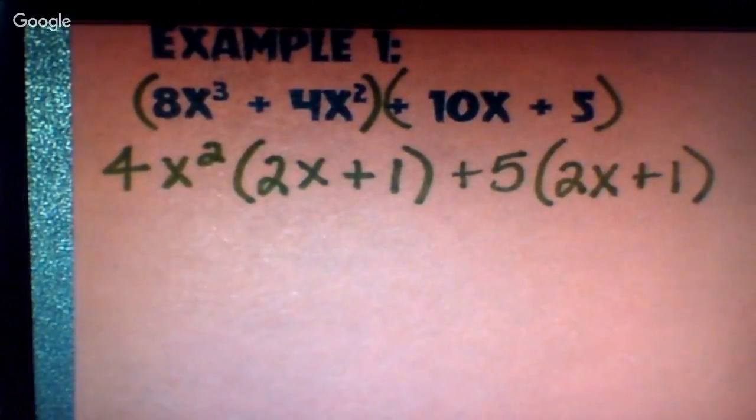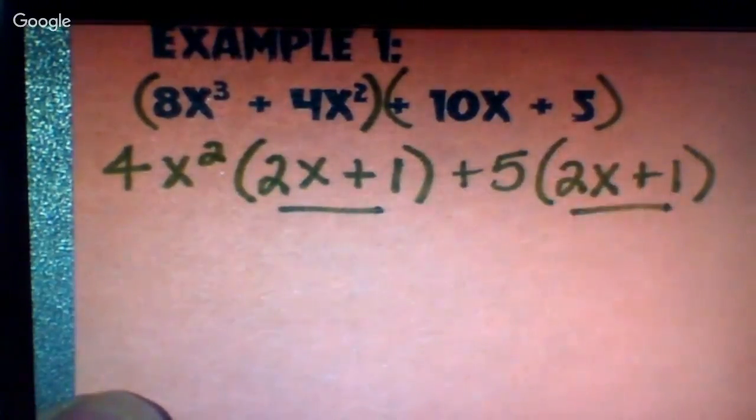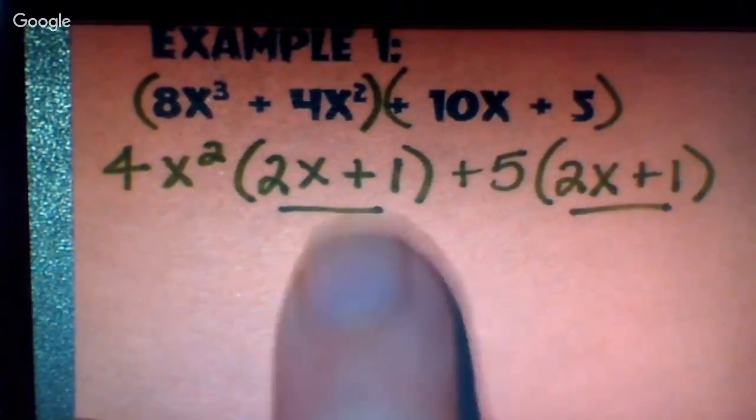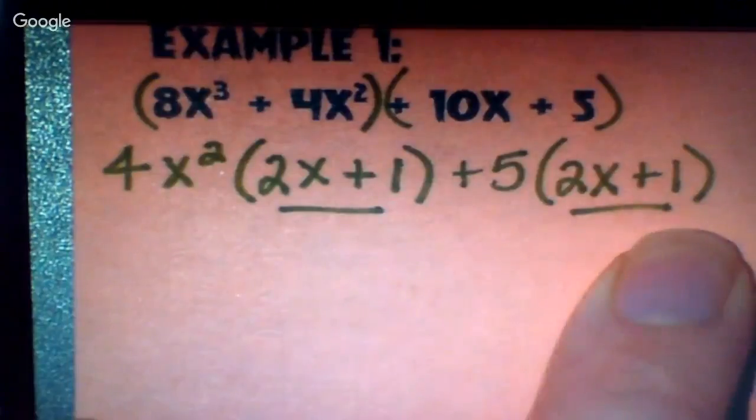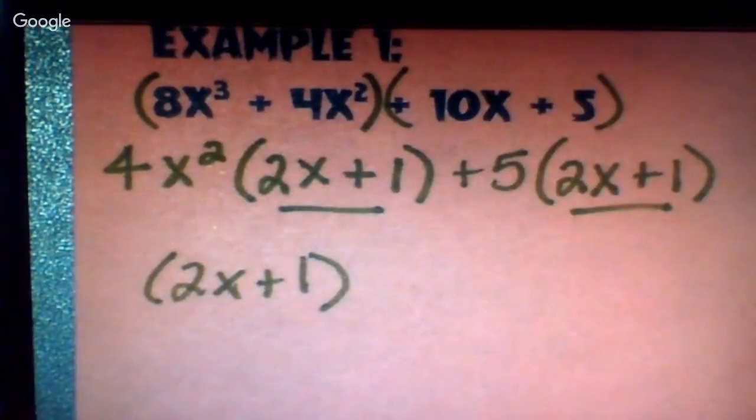Not quite. We've got one more step and we're done. Take a look at this. Does this match this? It's supposed to. When you do this, what you have left in parentheses should match. So that's the first part of your answer: 2x plus 1. It's the binomial that they share in common.